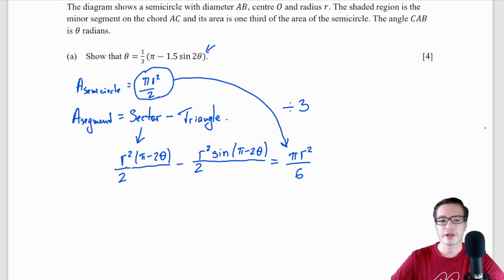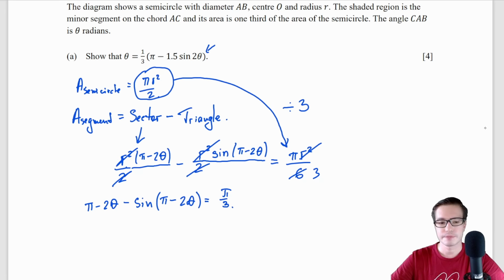Now divide both sides by r squared and multiply by 2 to get rid of these 2's. That's going to be 3. So all in all we got pi minus 2 theta minus sine of pi minus 2 theta equals pi over 3.